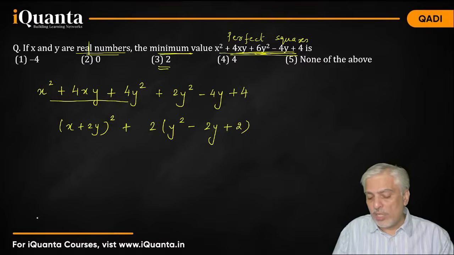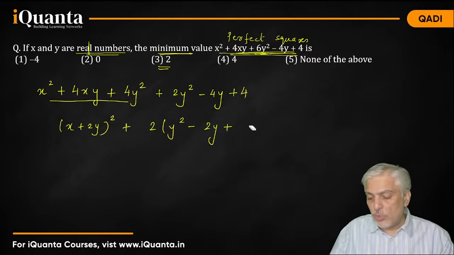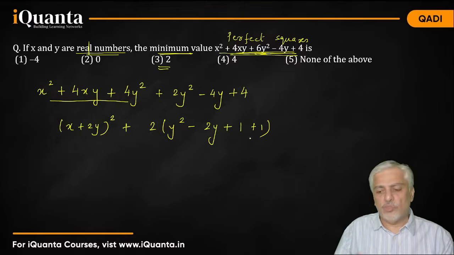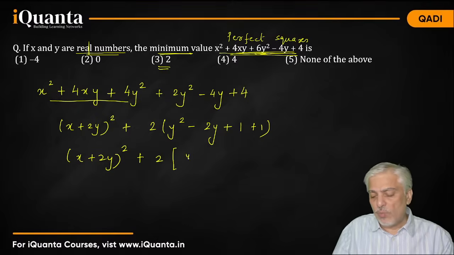And that 2 also I will write as 1 plus 1. So just pay attention, a slightly different approach. We're trying to break it up into 2 complete squares. Yes, we can also do differentiation and all that. So what will this become? This will become y minus 1 the whole square plus 1.